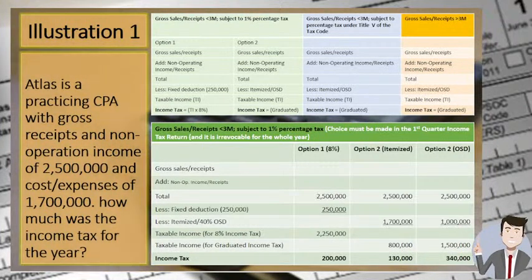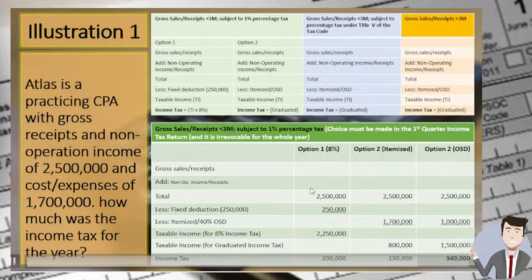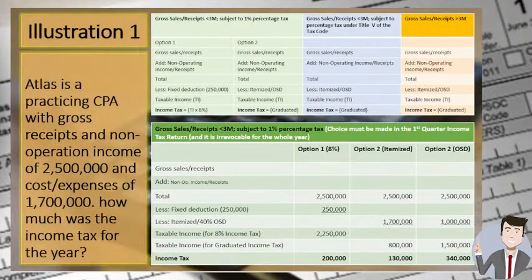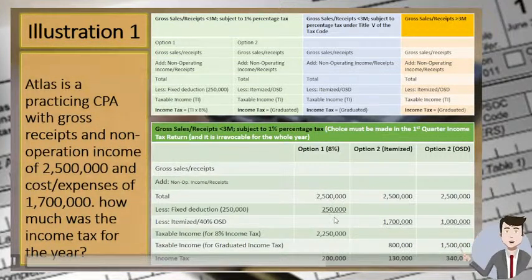So guys, for option 1, when you opt to select the 8% income tax rate, you are allowed to deduct from your gross income or gross receipts the amount of 250,000 because this amount is the non-taxable portion. Okay? So in short, the taxable income or the tax base for the 8% income tax is 2,250,000. That is the difference between your income and the fixed deduction of 250,000.